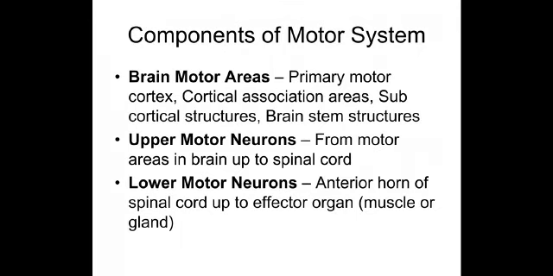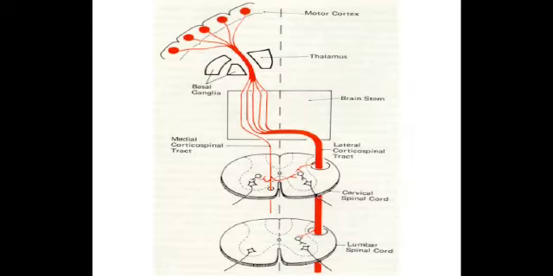The motor system is primarily the brain motor areas: the primary motor cortex, areas 4, 6, 8, the cortical association areas, the subcortical structures like the basal ganglia, the brainstem structures, and the upper motor neuron from the motor areas in the brain up to the spinal cord, and the lower motor neuron, which is the anterior horn cell of the spinal cord up to the effector organ, which can be either the muscle or the gland.